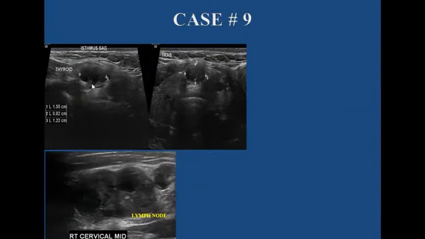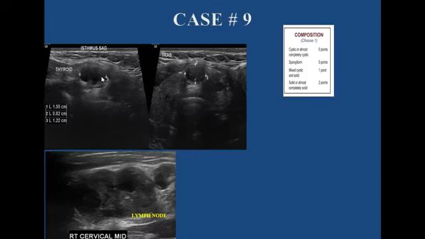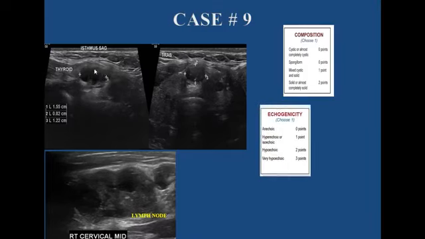Here we have a solid nodule, and it looks very hypoechoic. If I compare the echogenicity with the thyroid, it is hypoechoic, and also when I compare it with the neck strap muscle, it looks hypoechoic compared to it. So I will give it 3 points for very hypoechoic.